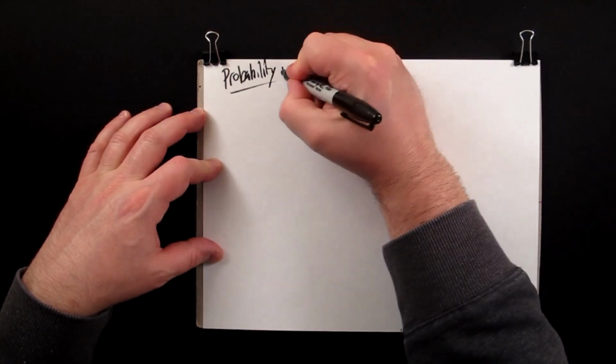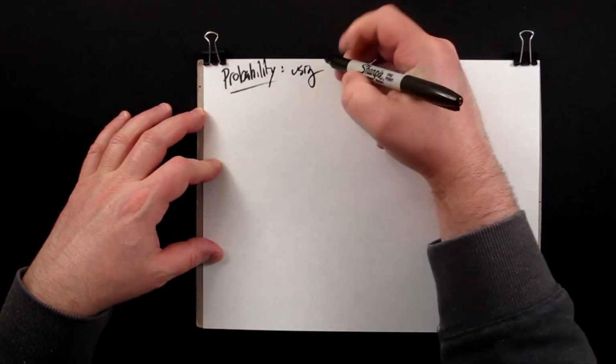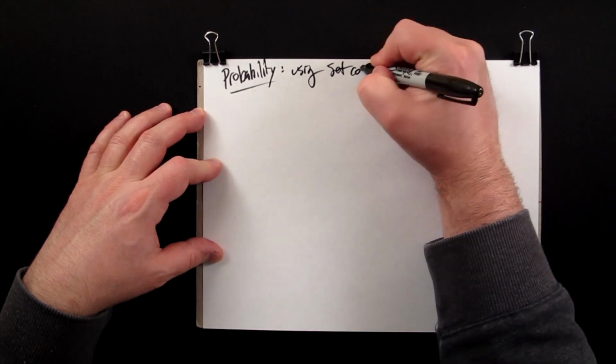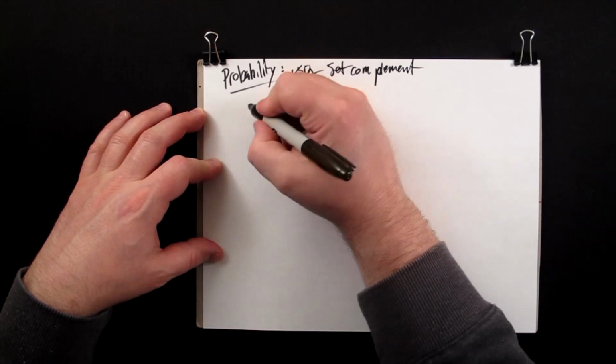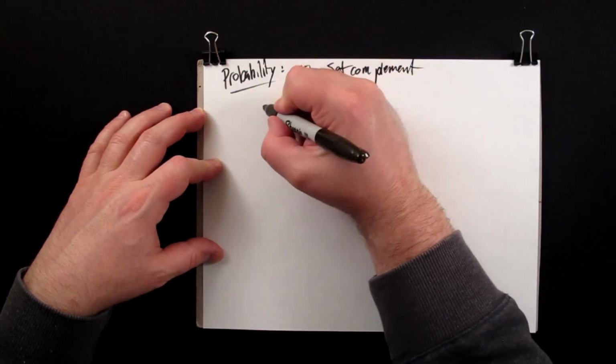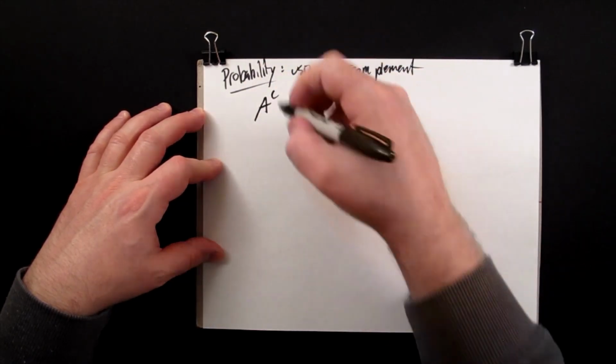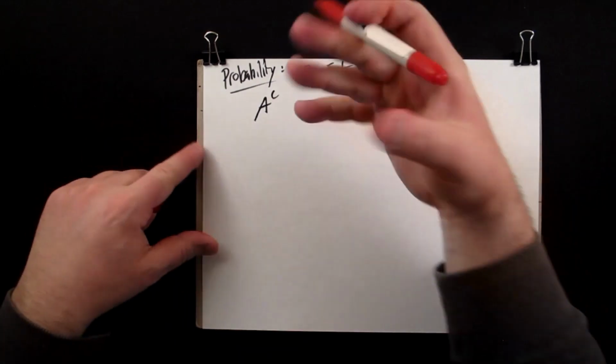Probability. So, using set complement. The idea of the set complement, which is denoted with this C here, says complement.